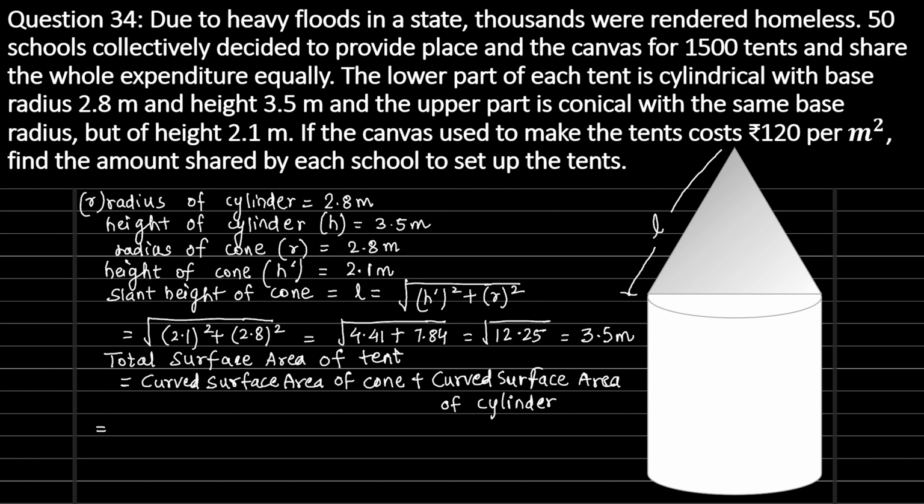So curved surface area of cone, its formula is pi RL, radius is R and slant height is L, plus curved surface area of cylinder, that is 2 pi RH.